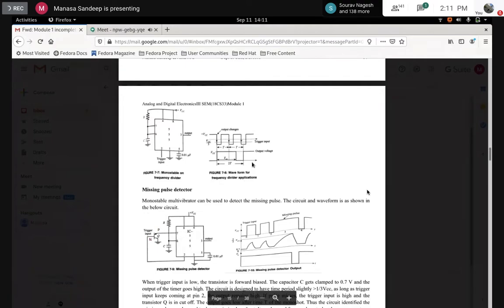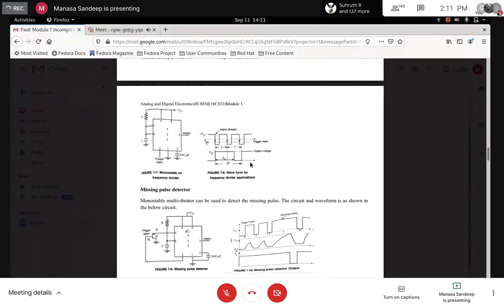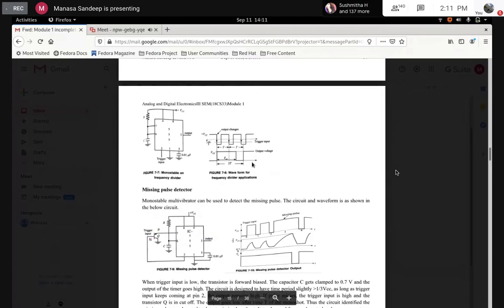This is the monostable circuit which is designed to perform the frequency division. If you observe in the waveform, the first square waveform, the trigger input, is a negative going trigger that is coming after t. After t period of time it is coming.